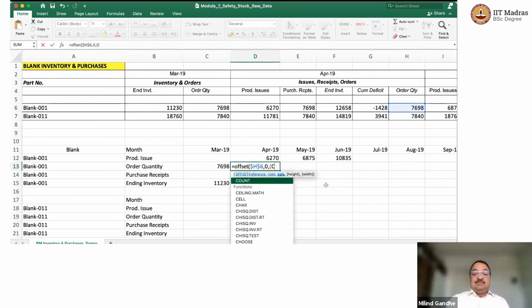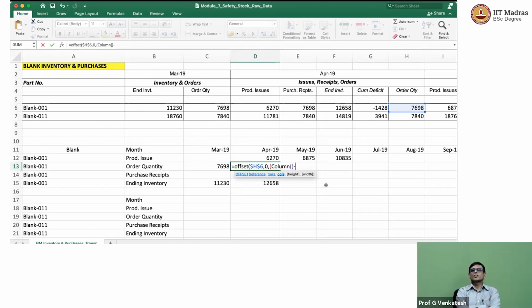And here we will check COLUMN. But now we can't say -4. Actually, we can still say -4.